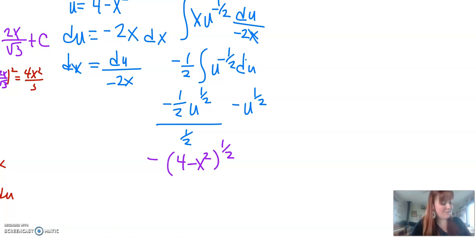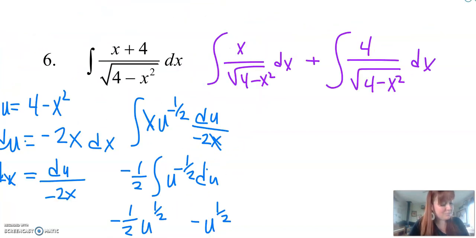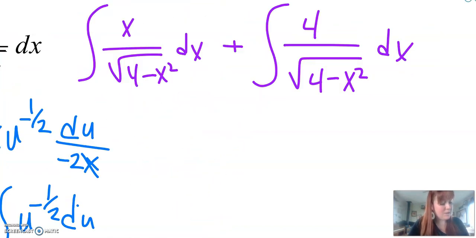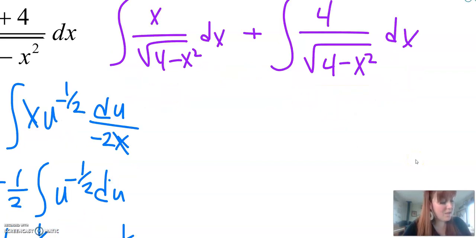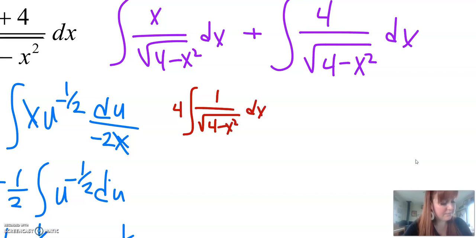Now let's do the second integral. This one looks like a trig substitution because it looks like arc sine, right? Something minus something squared. So let's go through this whole process. We're going to bring the 4 outside the integral first, and we're going to have 1 over the square root of 4 minus x squared dx.